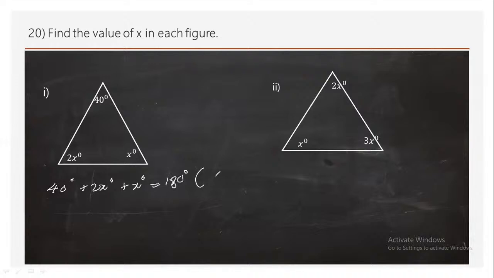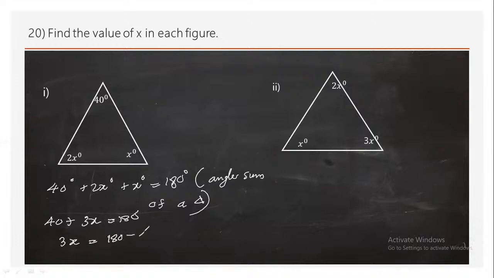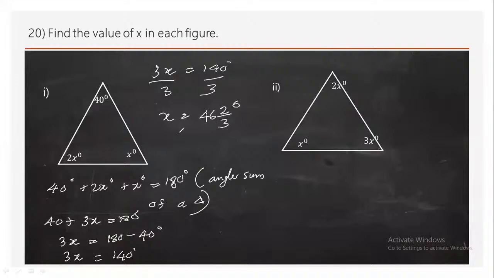You already know the angle sum of a triangle. 40 plus 3x equals 180. 180 minus 40 is 140. 14, how many threes are there? 4. 20, there are 6. So 46 and 2/3. x is 46 and 2/3.